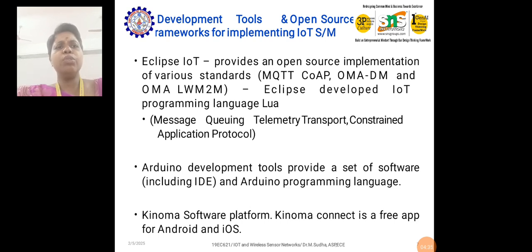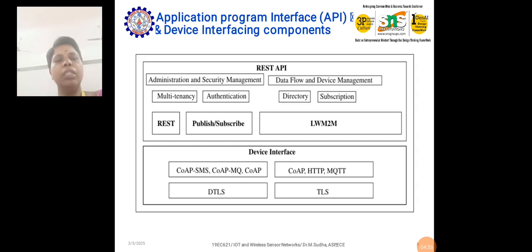Okay. So MQTT is message queuing telemetry transport, and CoAP is constrained application protocol. And we all know about the Arduino development tool, which provides a set of software, especially the IDE and the Arduino programming language.